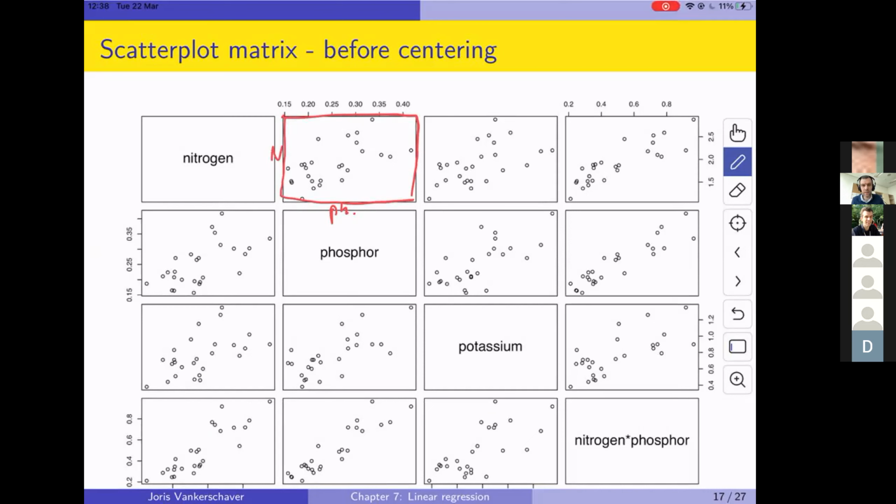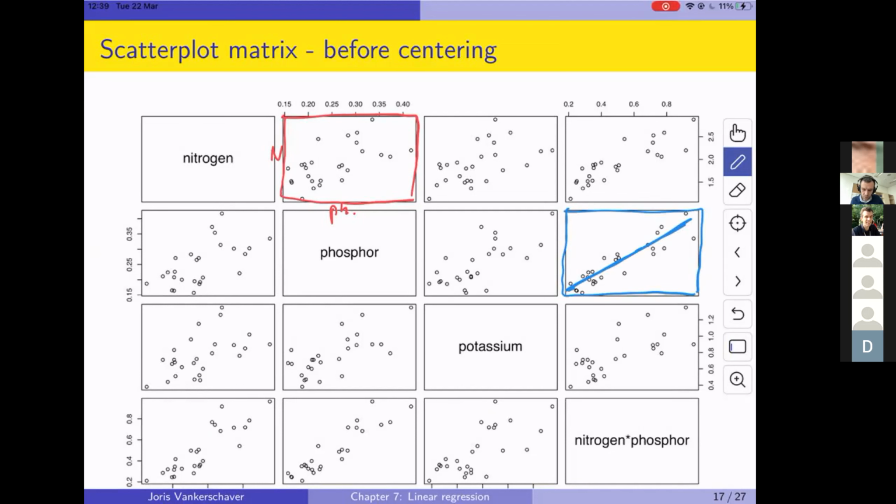If we look at these scatter plots, each by itself, we see nitrogen and phosphor, some correlation, but maybe not super strong. Nitrogen, potassium, also not super strong. But then if we look at nitrogen times phosphor versus phosphor here, we start seeing a positive relation. Here we would normally single this out for concern because we see a clear positive correlation.